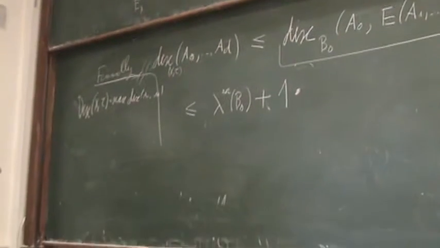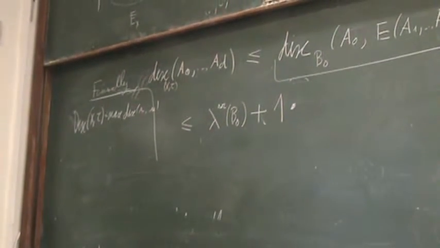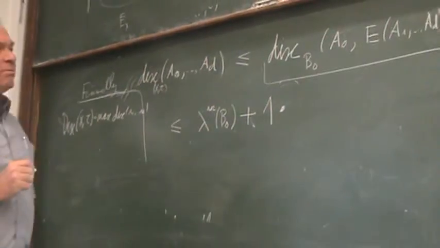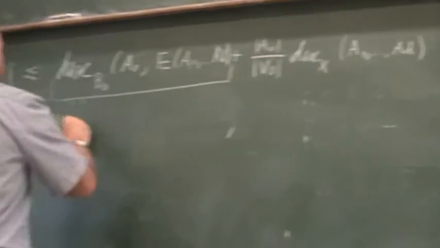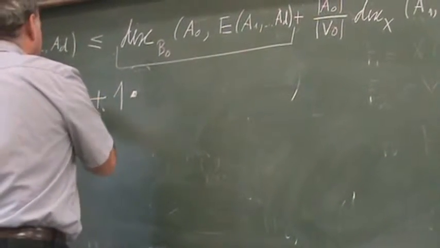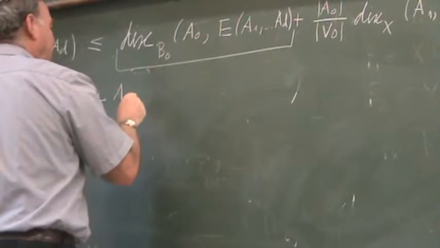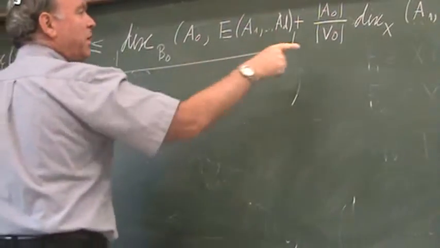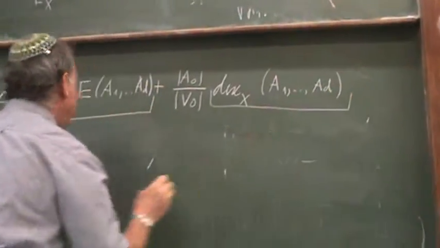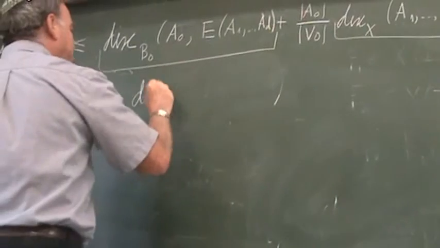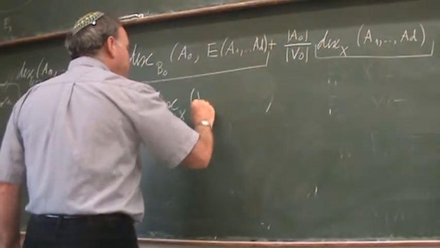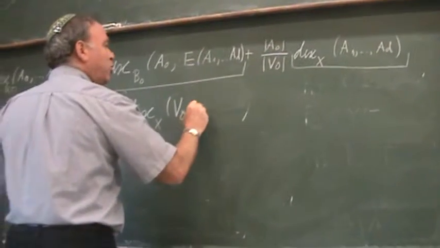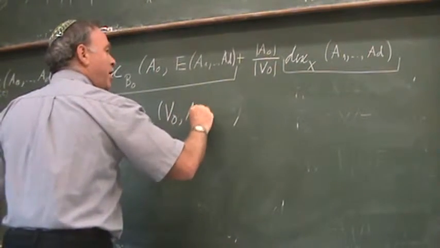But I can do now exactly the same trick. It doesn't matter, because you remember, okay, I'll do it slowly. This is by lemma 1. Now I'm going to use lemma 0. Lemma 0 told me that this discrepancy is the same as the discrepancy of x of the full set V0, A1 up to AD.